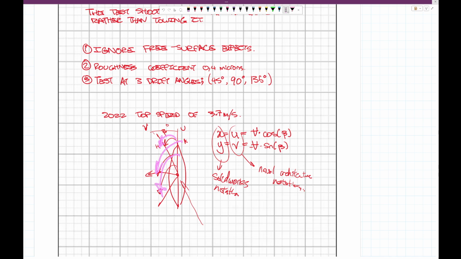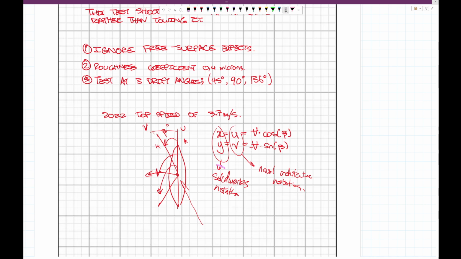For 45 degrees, the water is going to be shooting in this direction, for 9 degrees in this direction, and for 135 in this direction. Then we solve for the water speed in x and y. Obviously we're assuming the water is not moving up and down, so z is just going to be 0.